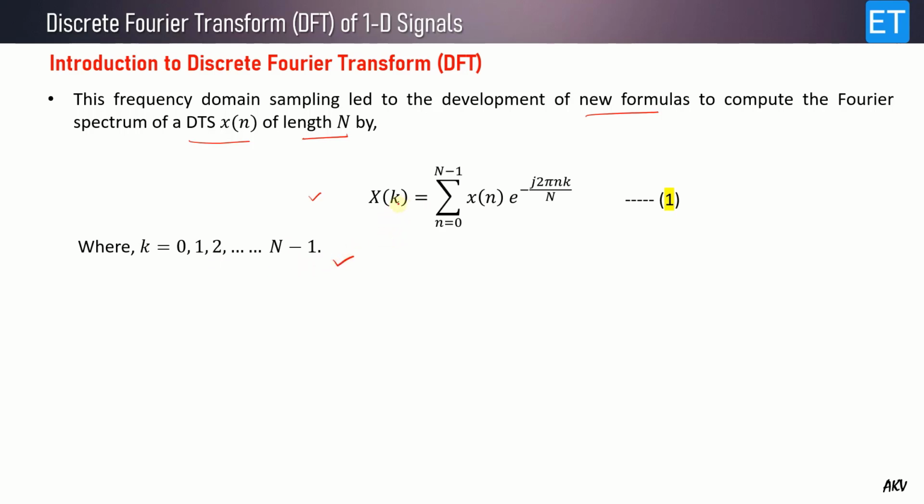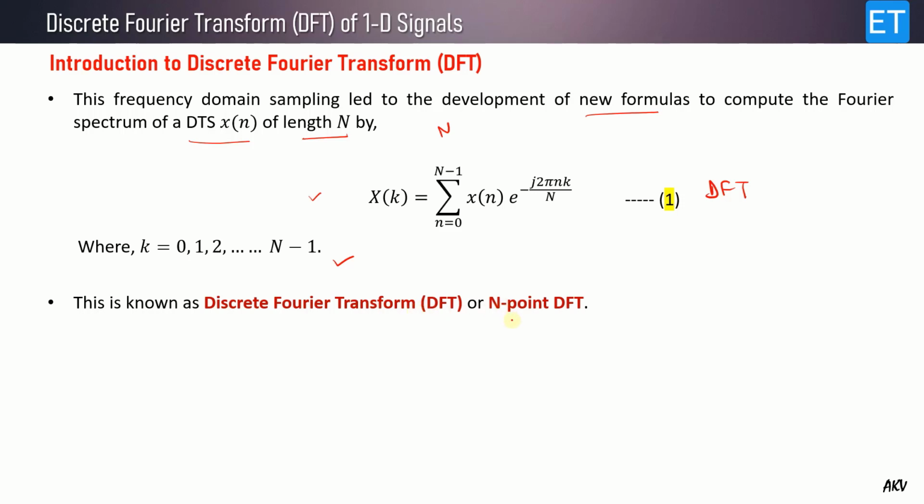That means you can find those N discrete values, or discrete samples, of that continuous function of omega of the DTFT. So, this is your DFT formula. This is known as the discrete Fourier transform or N-point DFT.